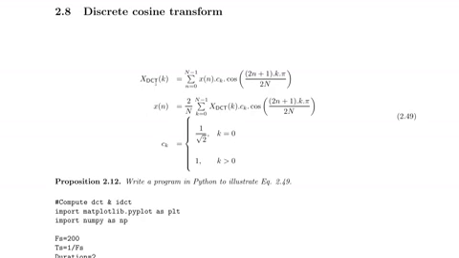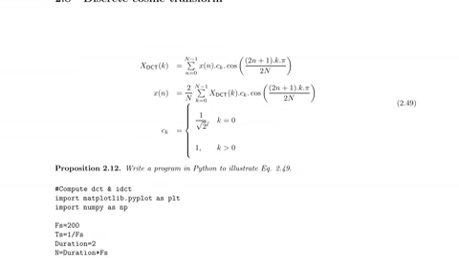And what about IDCT? So x of n can be constructed from X DCT very simply: 2 over N, again a similar summation, this time over k, X DCT of k, again c of k, and the same cosine.